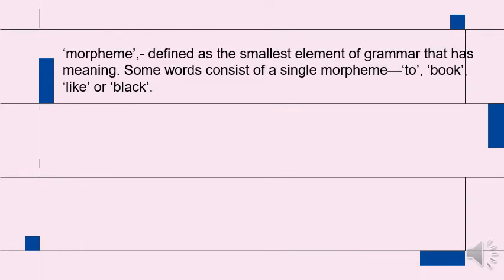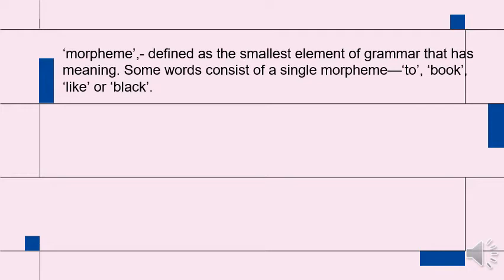It is important to mention that most linguistic grammars rely on a unit called the morpheme, which is defined as the smallest element of grammar that has meaning. Some words consist of a single morpheme, such as to, book, like, or black.